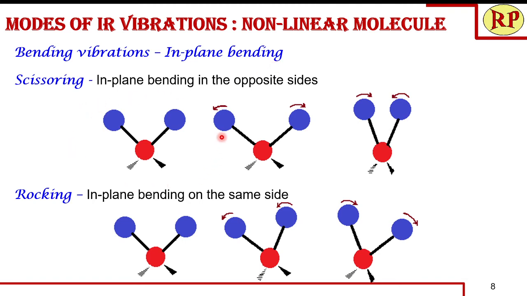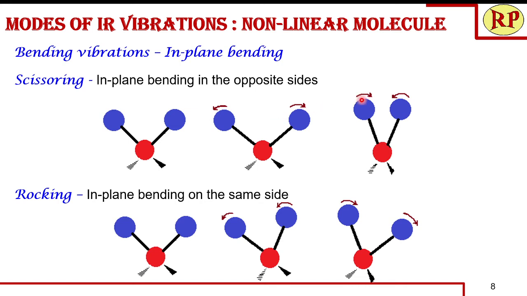So, within that paper plane itself, what will happen is the atoms, that is the oxygen atom and hydrogen atoms, because it is H2O, red indicates oxygen and blue balls indicate hydrogen. The hydrogen atom on one side will move towards the left hand side, and the other side will move towards the right hand side. So opposite sides.